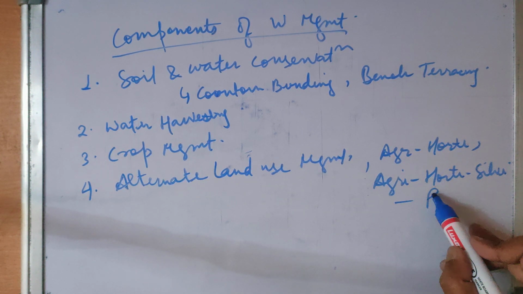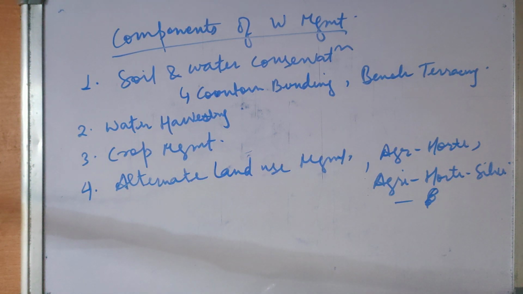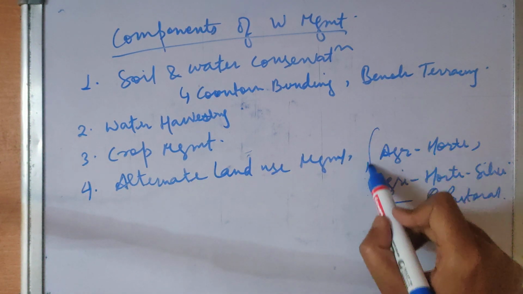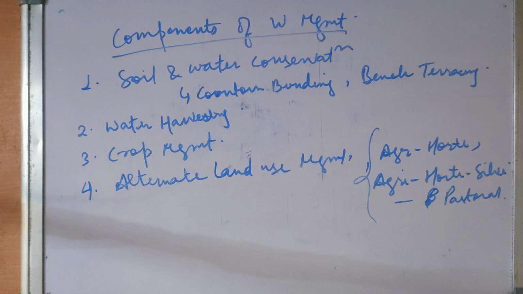Also, we can keep animals such as pastoral. So we need to do integrated land use systems so that all things are integrated and dependent on each other. A good relationship we need to make.